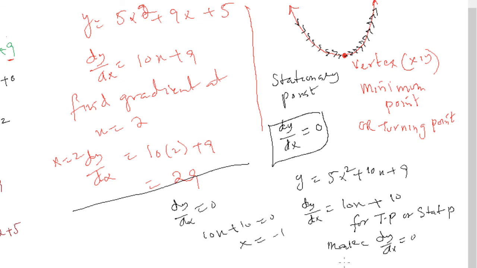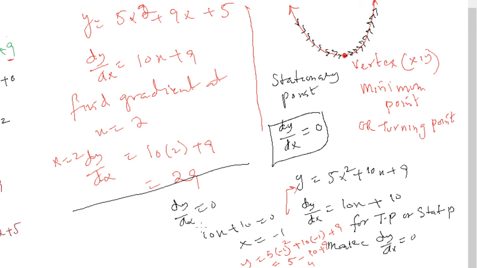So if x is minus 1, put this value of x in this function. So y becomes 5 into (minus 1) squared plus 10 into minus 1 plus 9. So the result becomes 5 minus 10 plus 9. So 4 is the result.